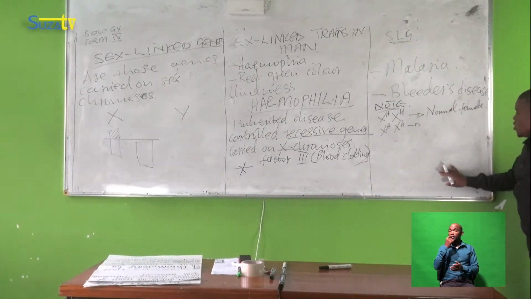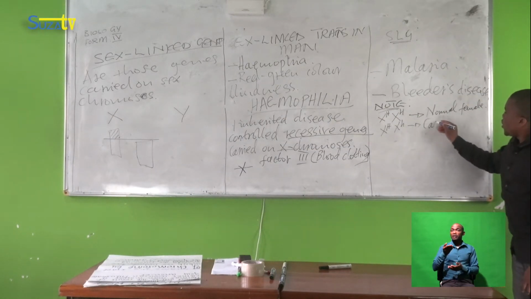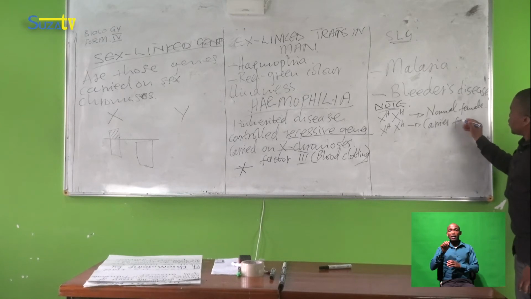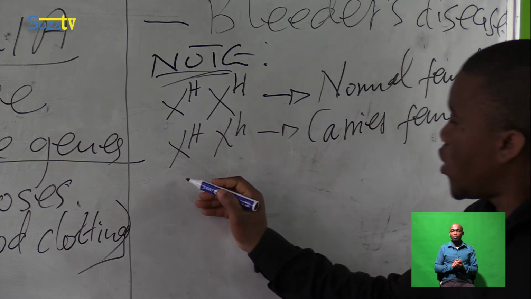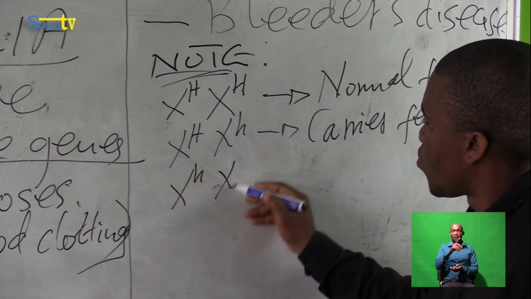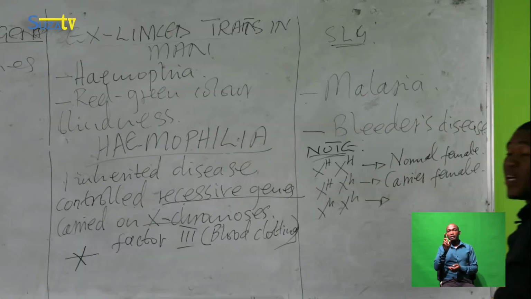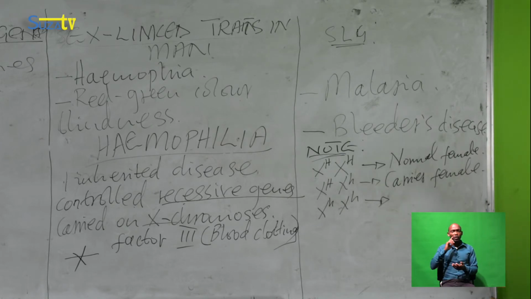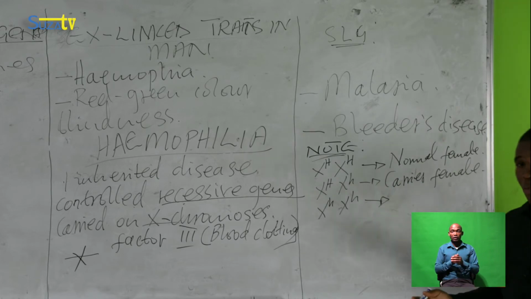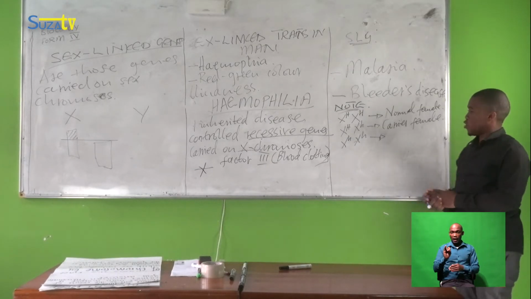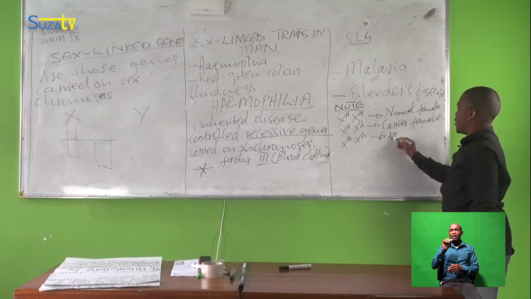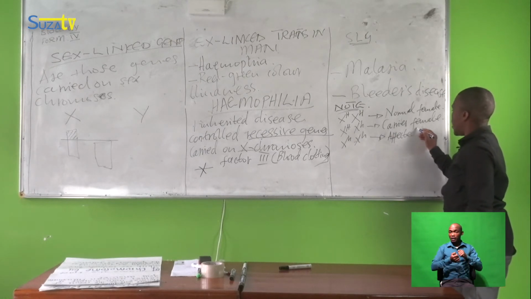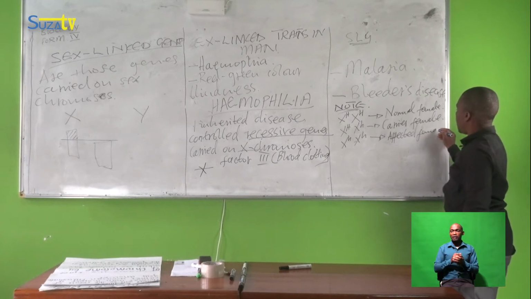Zuena said this one will be a carrier female. Good. Clap one. What about this one? Ali, can you try please? Okay, good. Clap one for Ali. This one will be affected, as Ali said, an affected female.